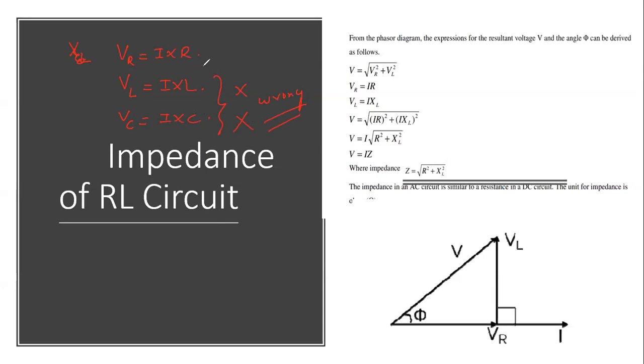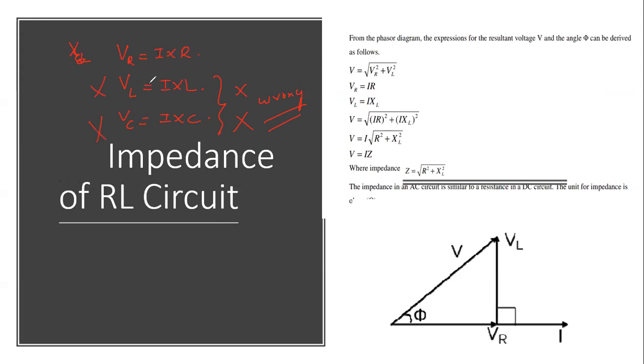Because I have seen that students, when they are drawing a circuit, write VR is equal to I into R. So they are applying Ohm's law by writing I into L or I into C, which is absolutely wrong.